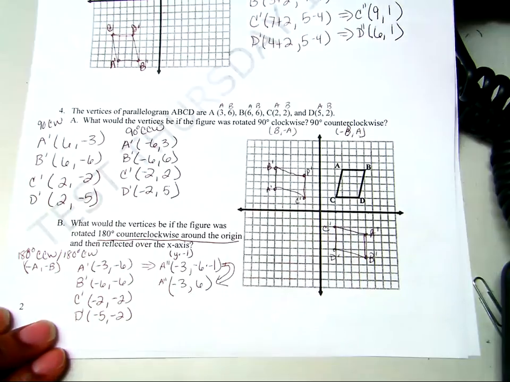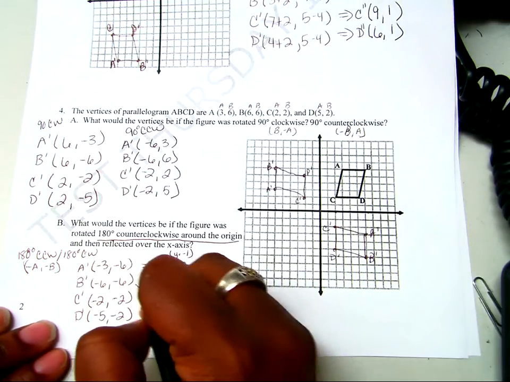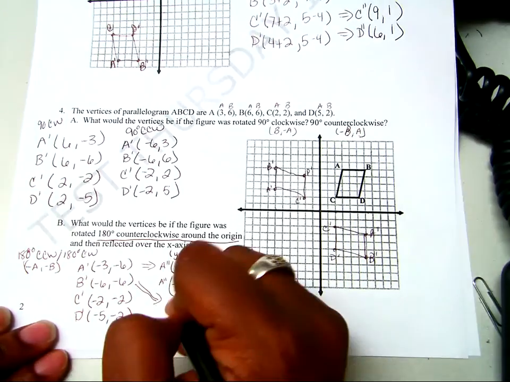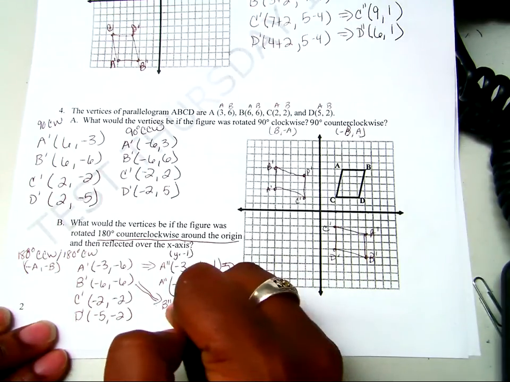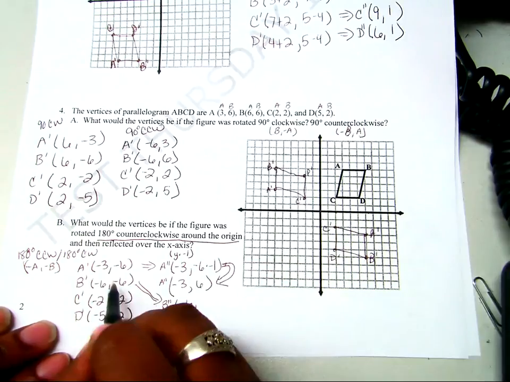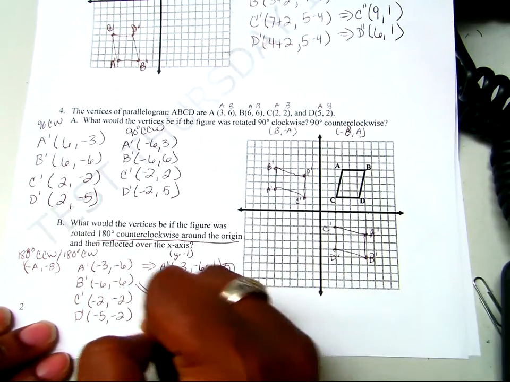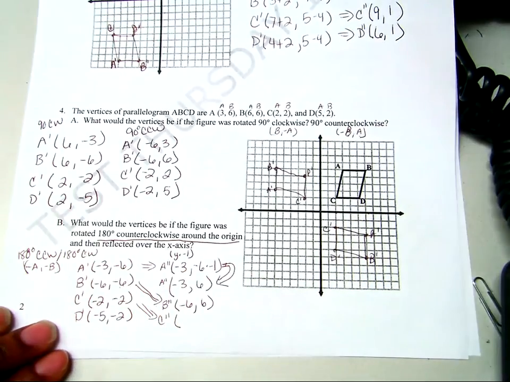Got it? All right. Sorry, it looks a little confusing. B prime prime, like I said, I multiply by negative 1. I'm not going to keep writing it. So I keep my x, and I multiply this by negative 1, so I just go back to the opposite. C prime prime, I keep my x, and then I multiply this by negative 1, so it goes back the other way.